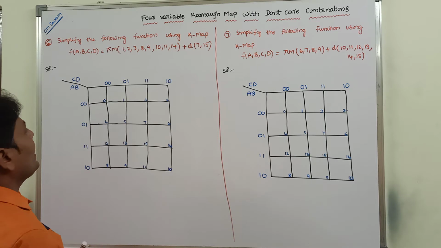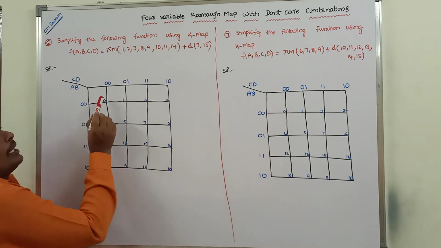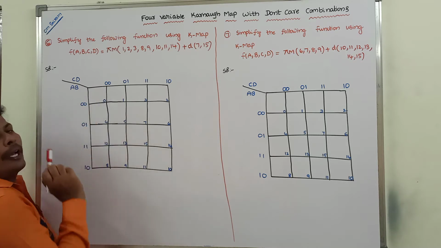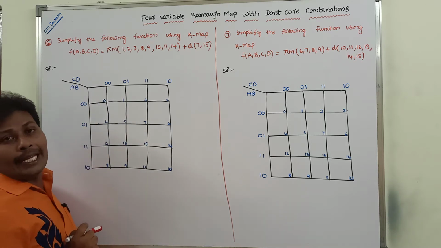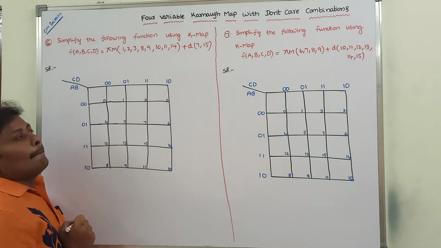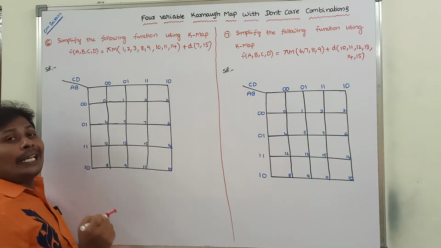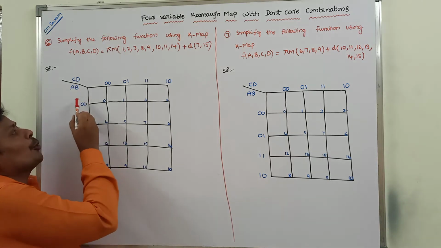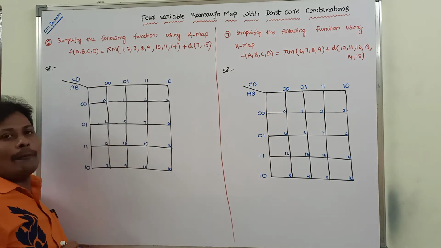Now in each and every cell at the corner, one decimal digit is there. This decimal digit is the decimal equivalent of the binary combination of row-wise value and column-wise value.